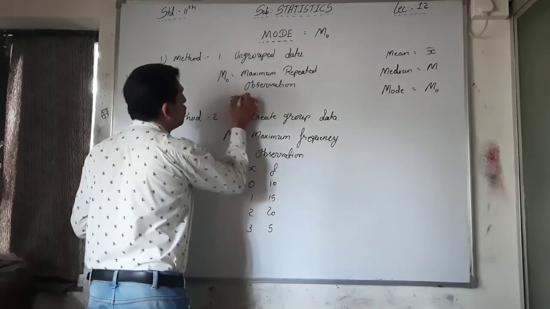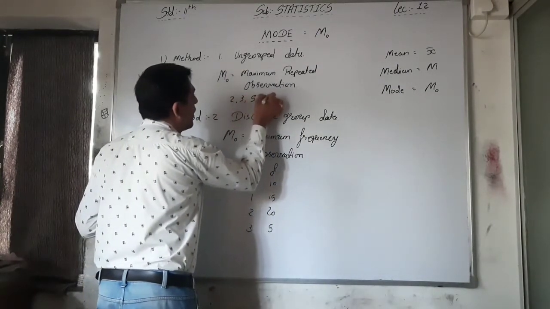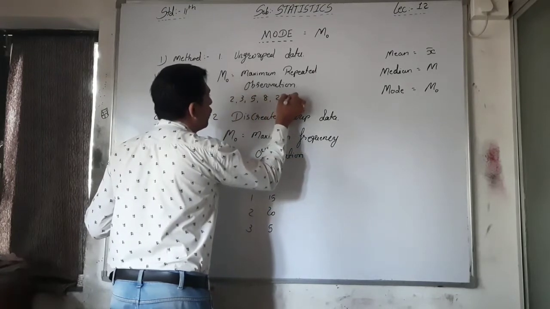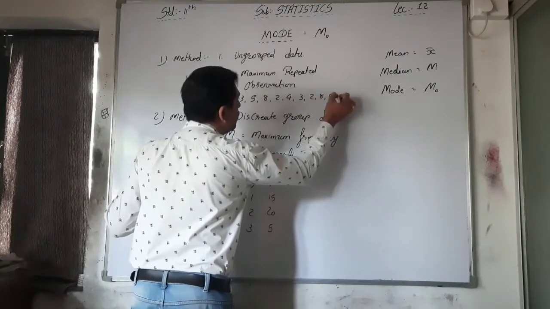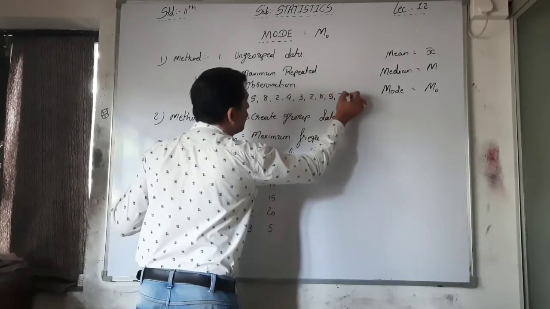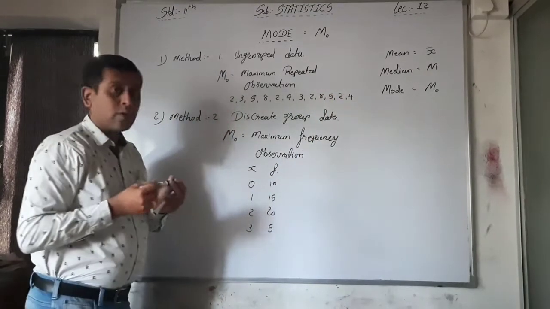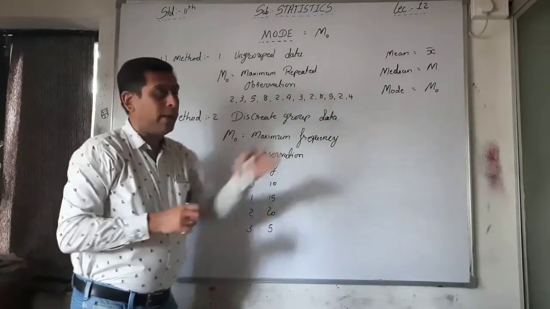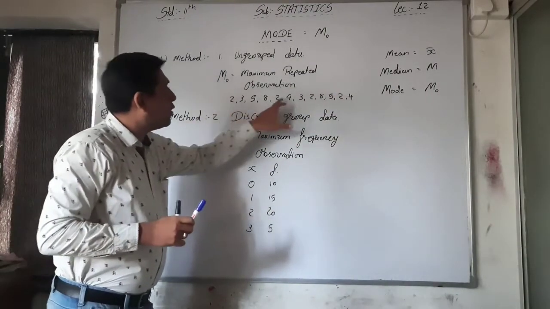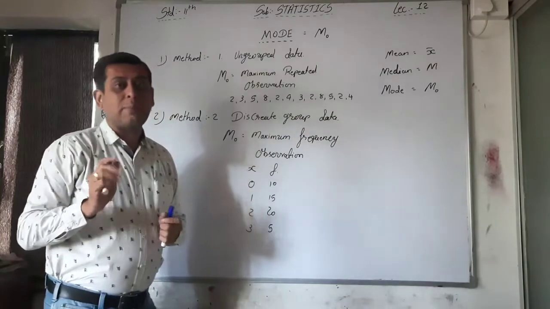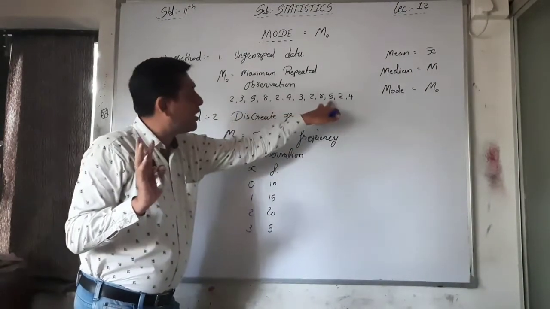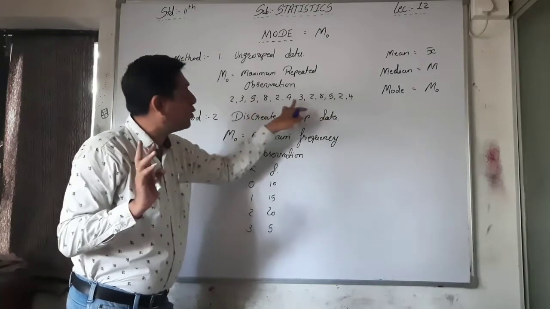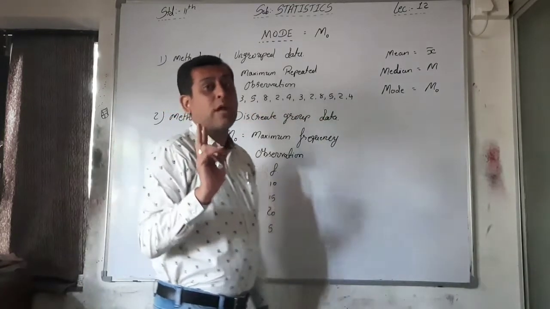Here the data is 2, 3, 5, 8, 2, 4, 3, 2, 8, 5, 2 and 4. In that, 2 is repeated 4 times, 3 is repeated 2 times, 5 is repeated 2 times, 8 is repeated 2 times and 4 also repeated 2 times.